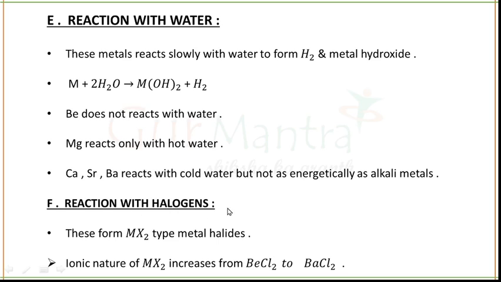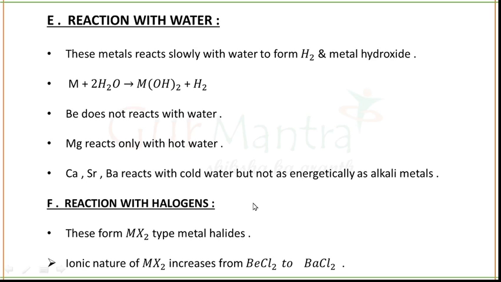Next is the reaction with halogens, or formation of halides. Alkaline earth metals react with halogens to form MX2 type metal halides. For example, BeCl2, MgCl2, CaCl2, etc. Now I am going to tell you some important points. Please note down these points. Ba burns on contact with Cl2. Hydrolytic nature of the halides decreases from BeCl2 to BaCl2.